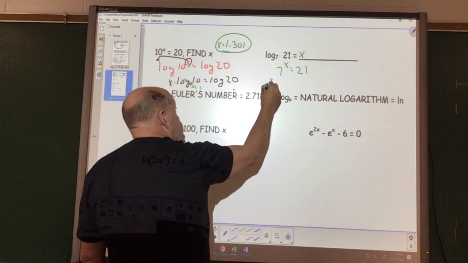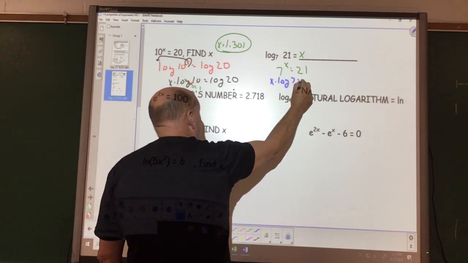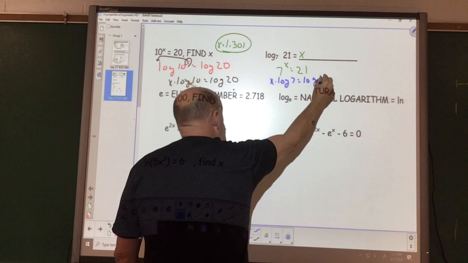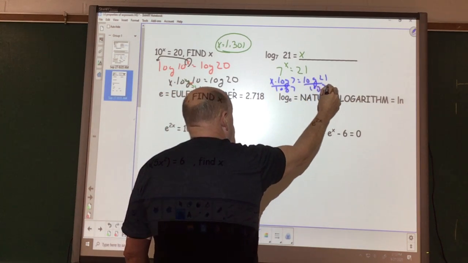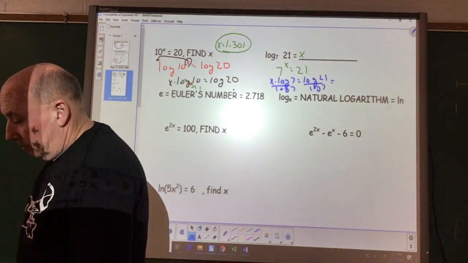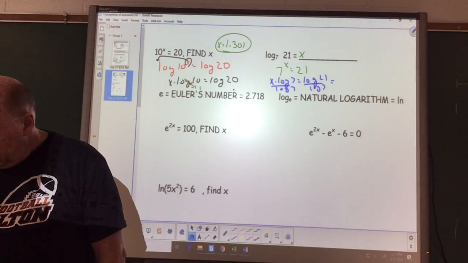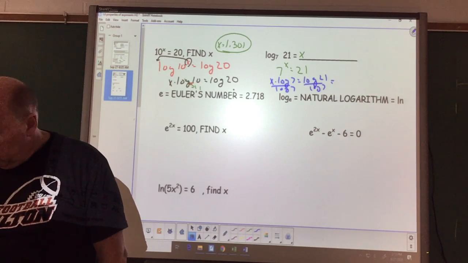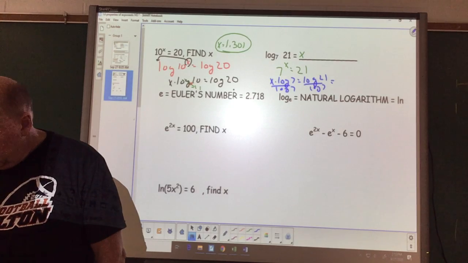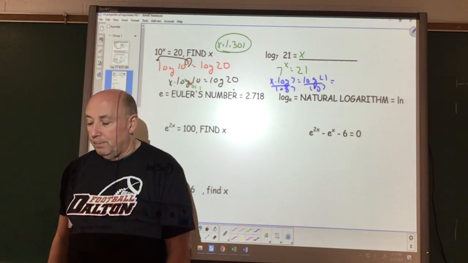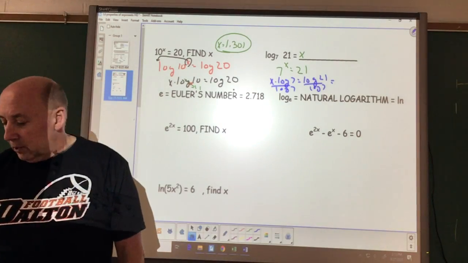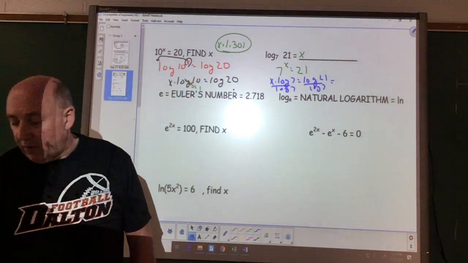So we have x times the log of 7 is equal to log of 21, divided by log of 7, log of 7. Adam, what do you come up with? That's correct, 1.565.